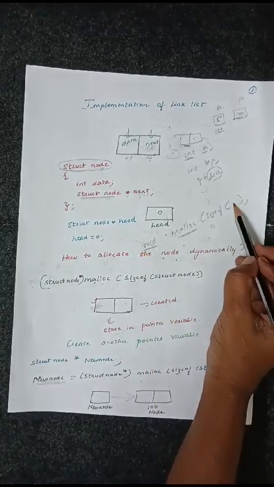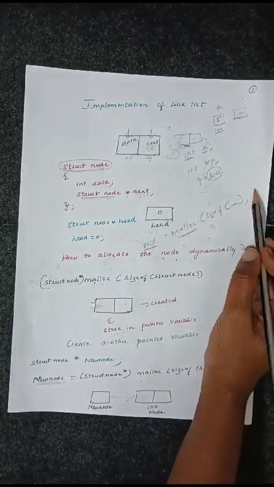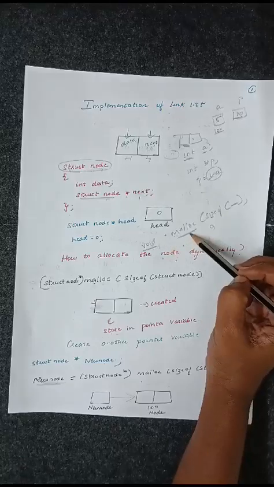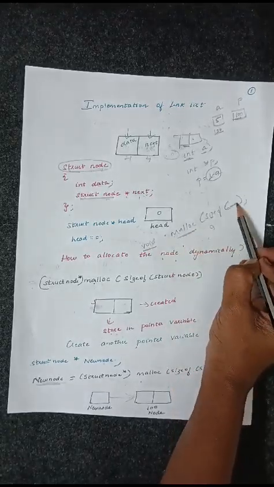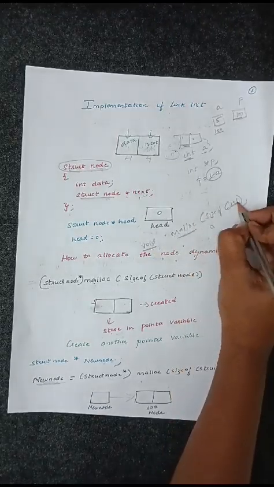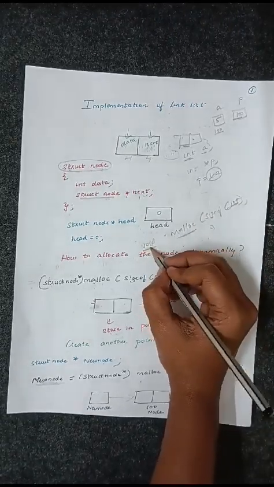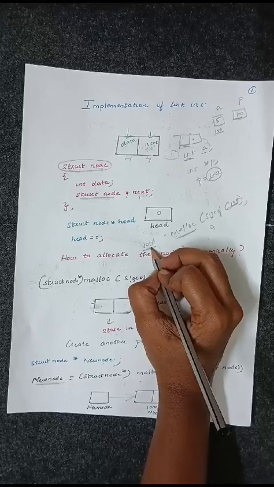But if you are going to use any data type here, you have to typecast, because malloc will always return a void pointer only. If you are using any data type, for example integer, I cannot use a void pointer. I should typecast to integer.